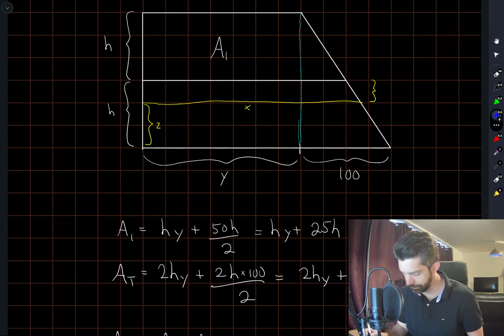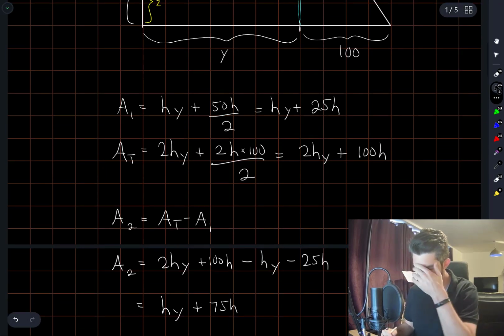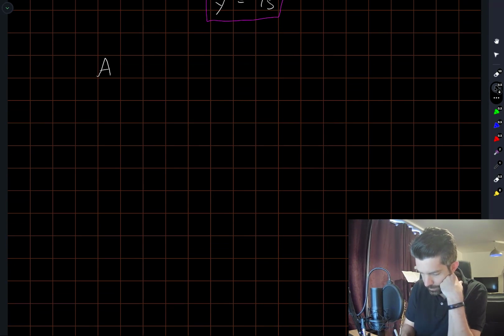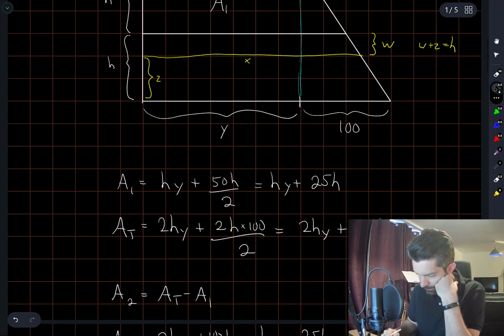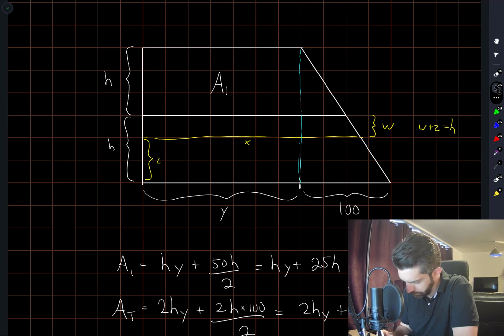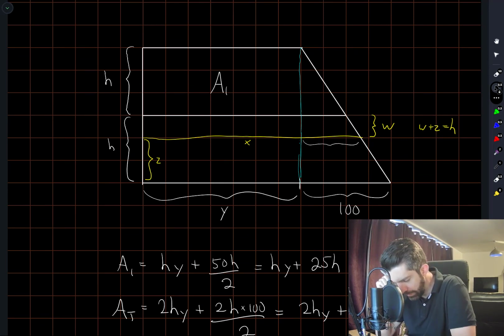I'm going to call this length, I need another letter here, w, where w plus z is equal to h. Okay, so the area above the line, oh goodness, all I really need is the area above this line, because I have the total area of the trapezoid already.